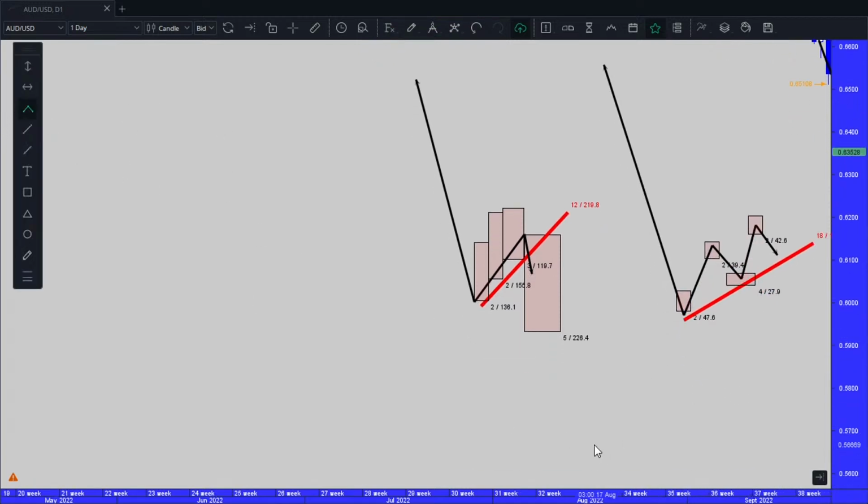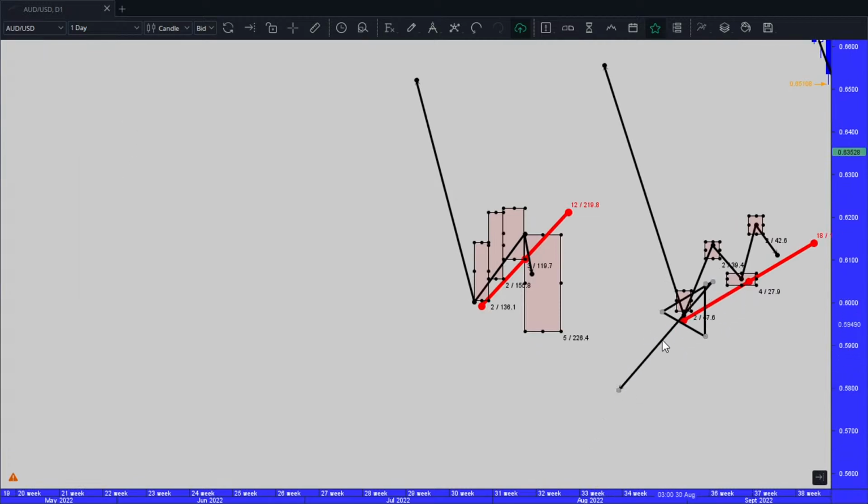Because here you have an uptrend. Here you don't have an uptrend, you have just a few candles, and here you have an uptrend. This makes all the difference between those two. Not correct. Thank you very much.